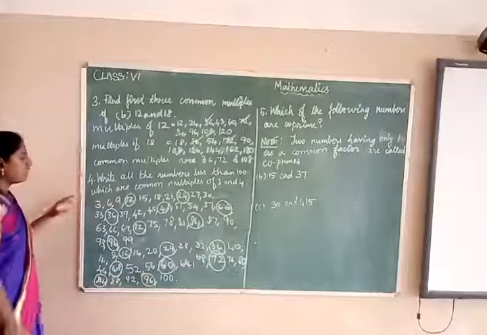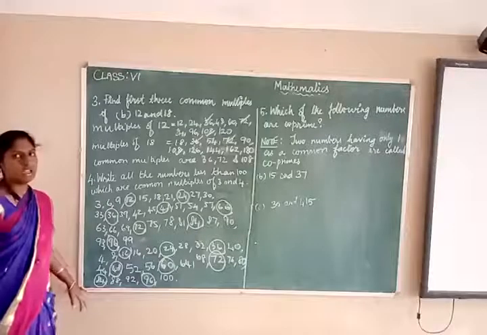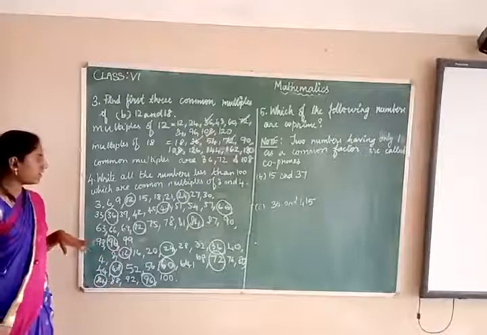So these are the numbers that are common multiples of 3 and 4 that lie less than 100. Is it clear?